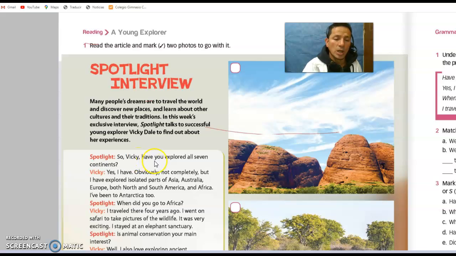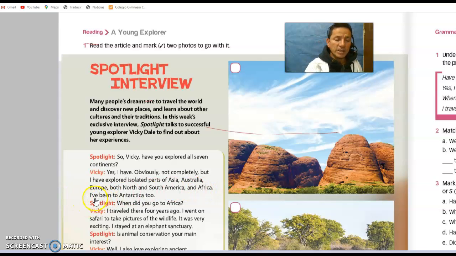Vicky, have you explored all seven continents? Yes, I have. Obviously, not completely, but I have explored isolated parts of Asia, Australia, Europe, both North and South America, and Africa.